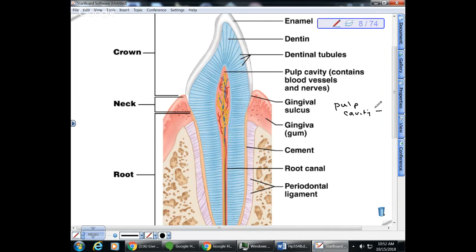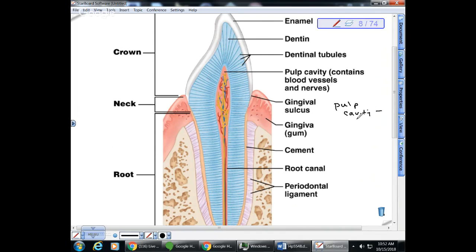So the pulp cavity contains blood vessels and nerves. And so when the tooth becomes so damaged that you need to have a root canal, they sever the nerve there so that you don't feel anything in that tooth. Right, so they dig that connection out and they separate that connection out between the tooth.